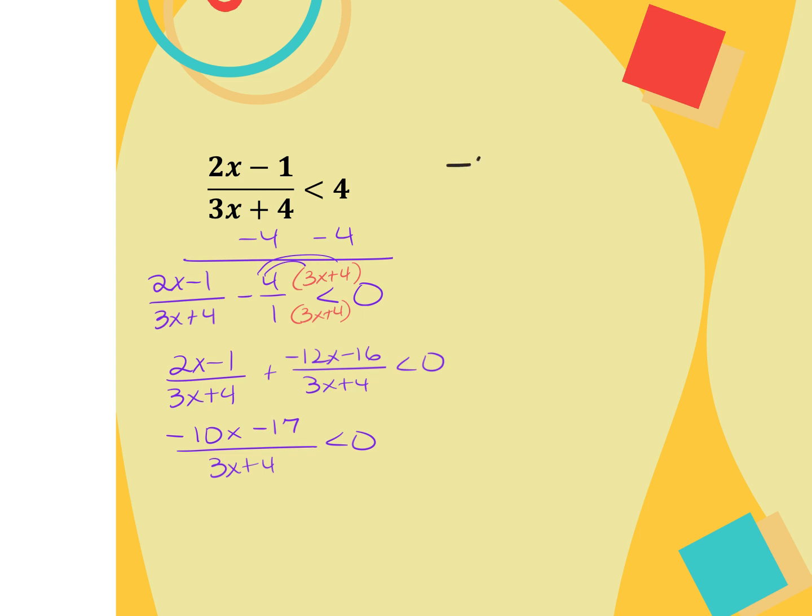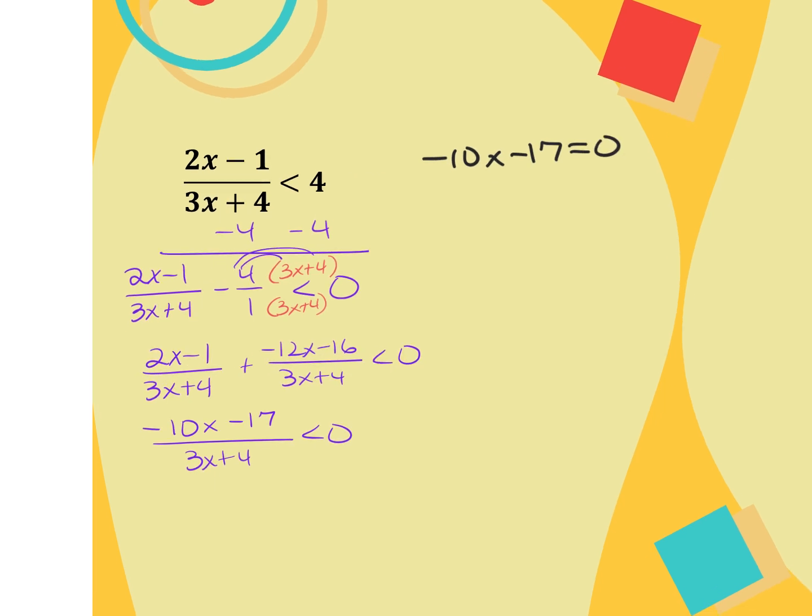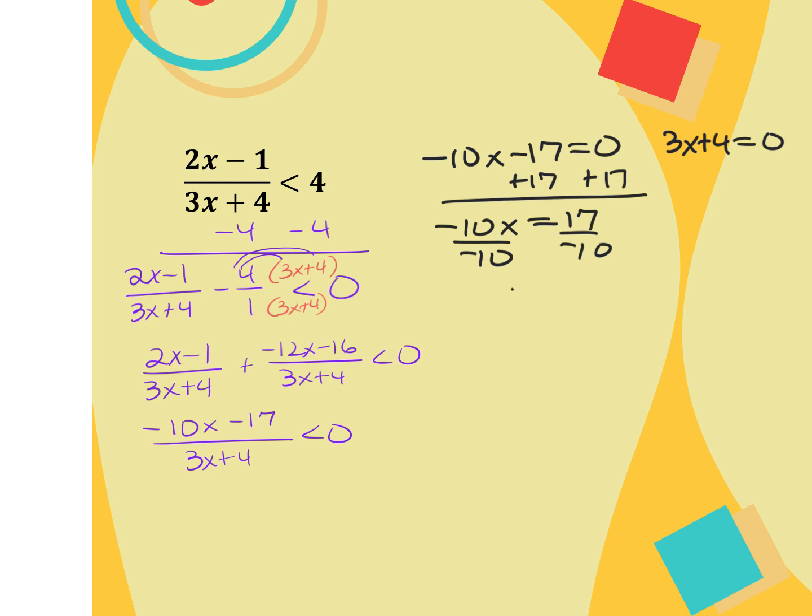So -10x minus 17 equals 0, and the 3x plus 4 equals 0. Add the 17. -10x equals 17. Divide by -10, and x equals -17 over 10, which is either -1.7 or -1 and 7/10.